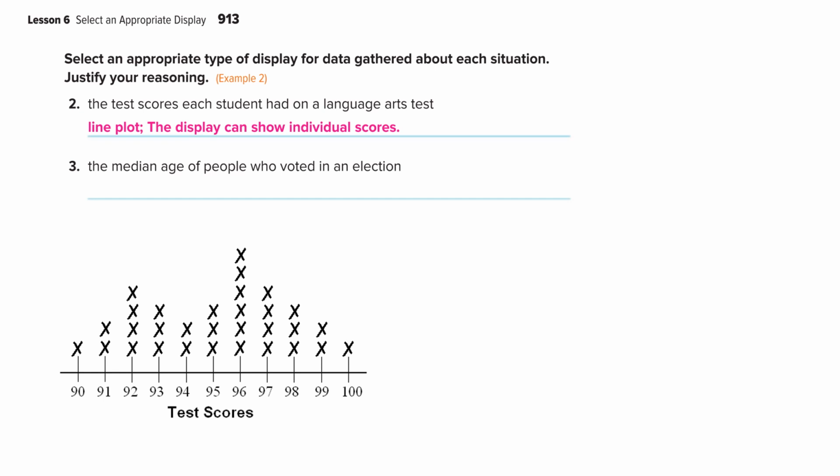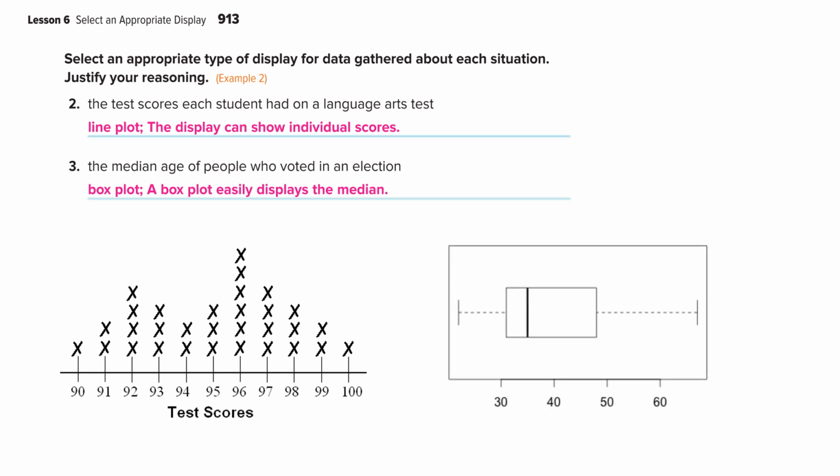Question 3, the median age of people who voted in an election. Box plot. A box plot easily displays the median. When you have a box plot, the middle line is the median right here. Remember, this is the lower extreme.